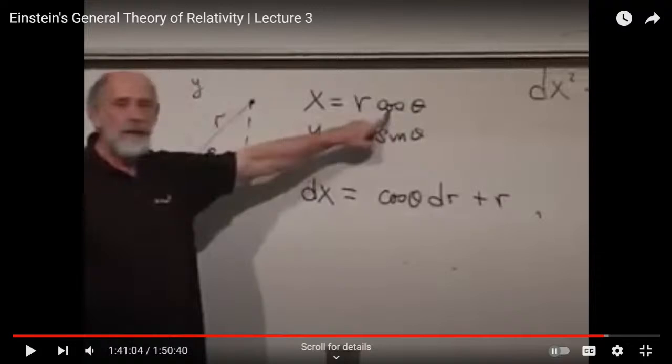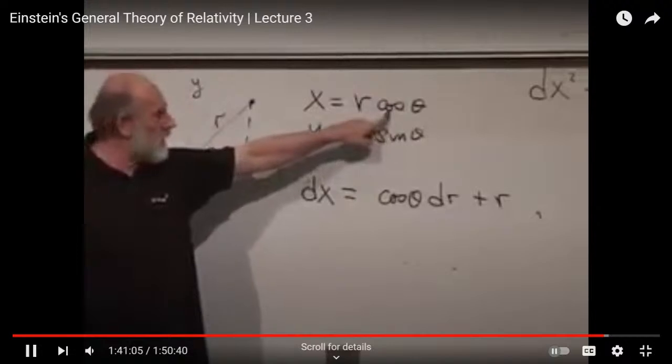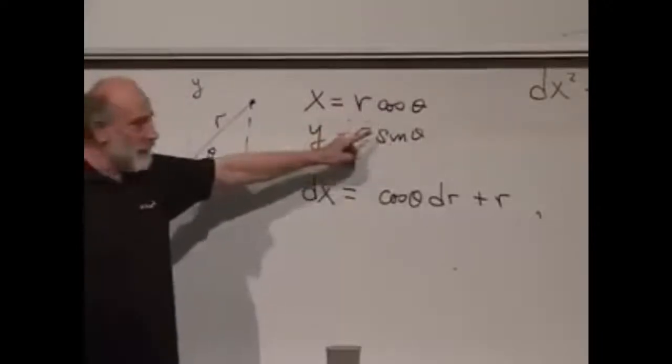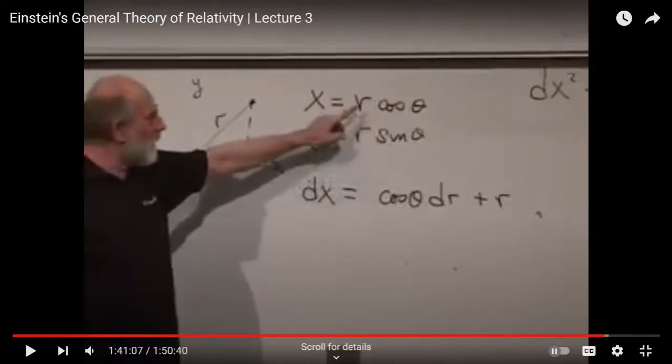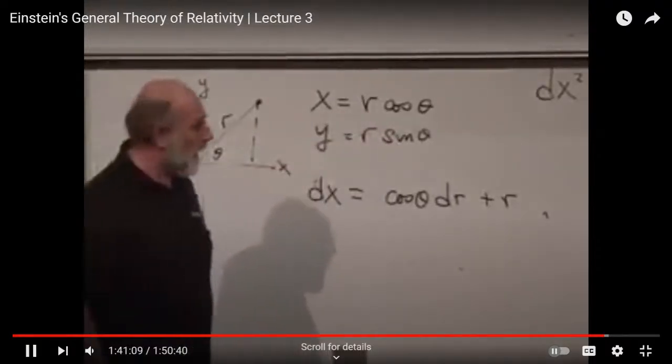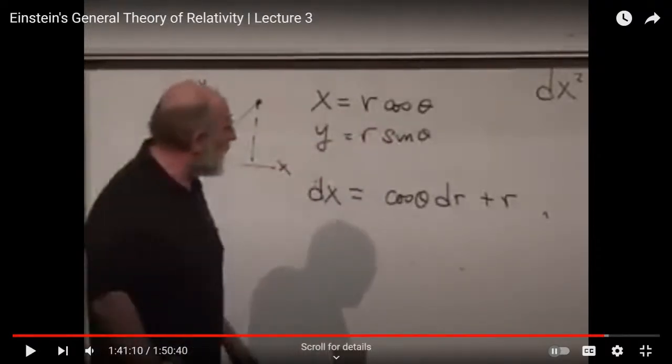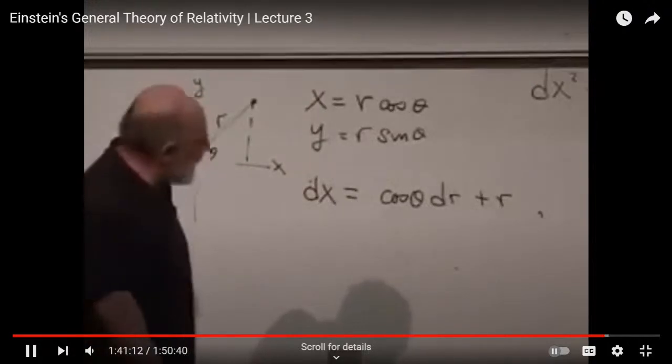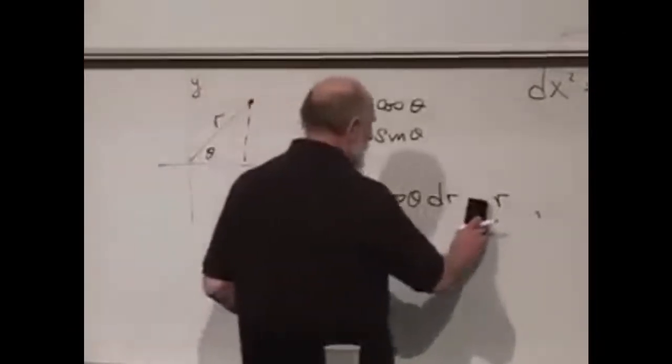It's minus r times sine theta, right? When I differentiate cosine, I get minus the sine. So that's minus r times sine theta.